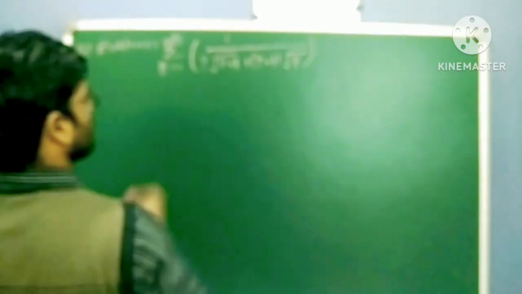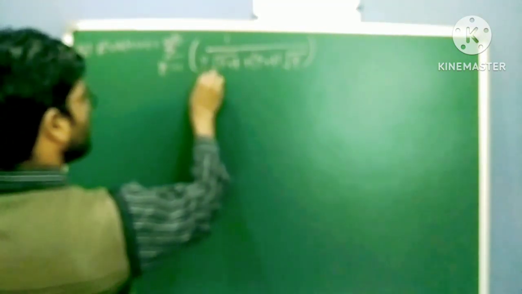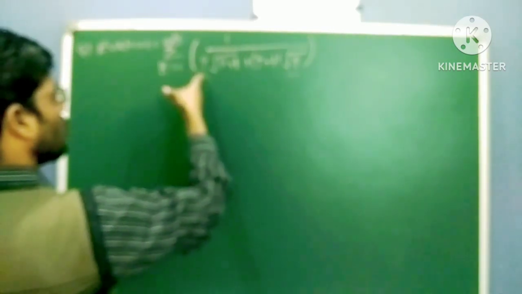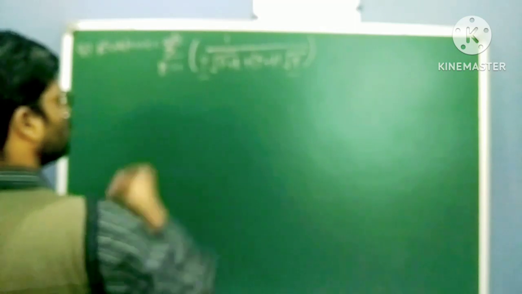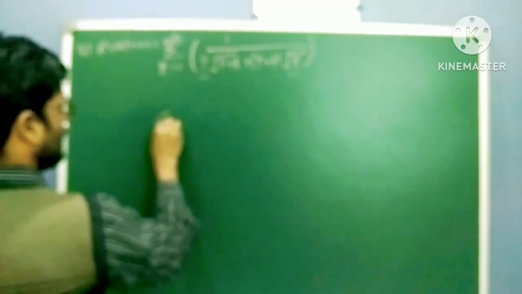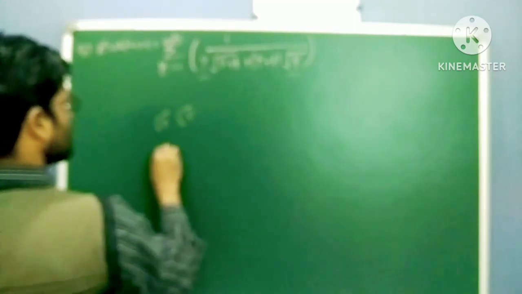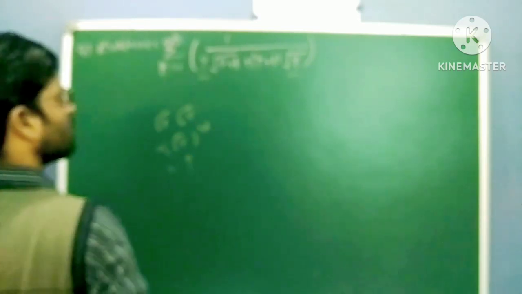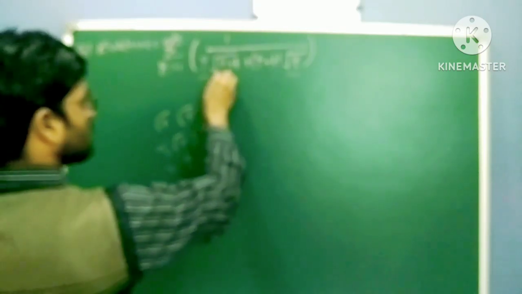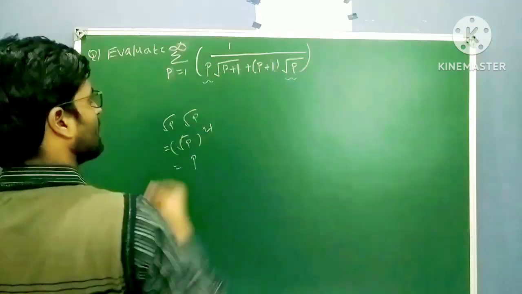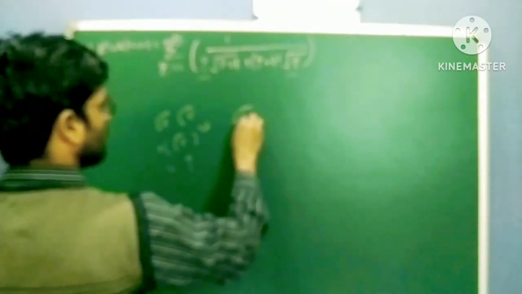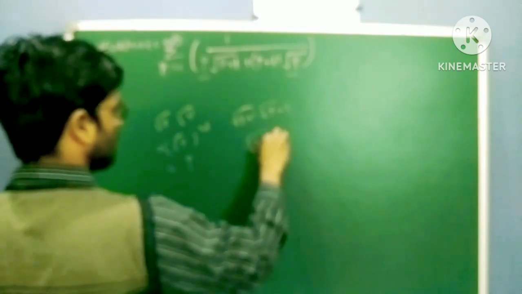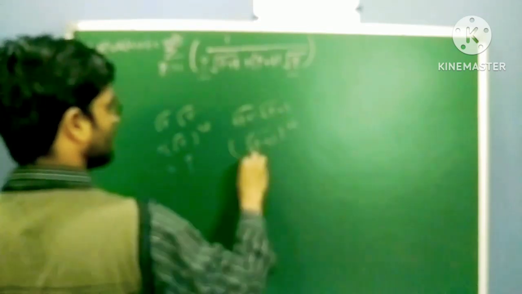First of all, in this expression, p is there, and here root p is there. I can write this p as root p into root p, that is, root p whole square. Square and square root get cancelled, and again I get p. Here p plus 1 is there. How can I write this p plus 1? Root p plus 1 into root p plus 1, that means root p plus 1 whole square, and again I get p plus 1.